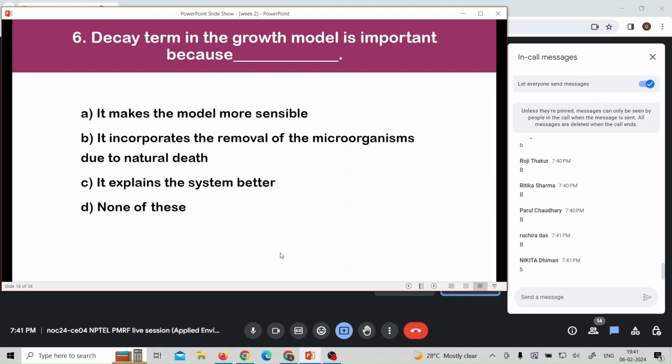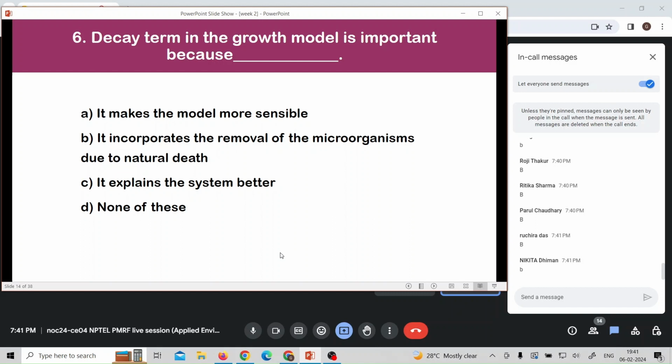So incorporating the decay term is very important because it incorporates the removal of microorganisms due to natural death, obviously due to various reasons, because of nutrient depletion, because of toxic accumulation, anything might be the reason. So the decay term is very important in the case of a growth model.